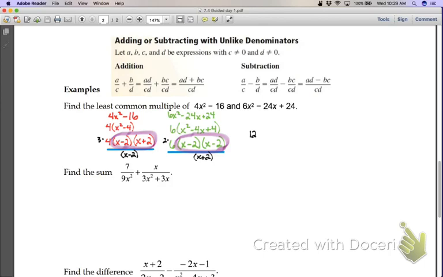Every rational is going to get every single part of the denominator. I don't care what you've got to do to make that happen, but that's what has to happen. So then my common denominator, my least common multiple, would be 12, x minus 2, x minus 2, and x plus 2.